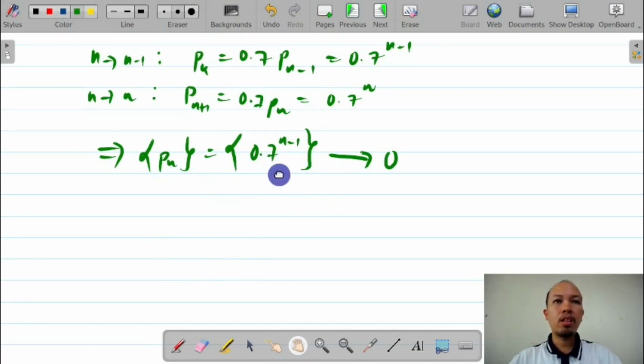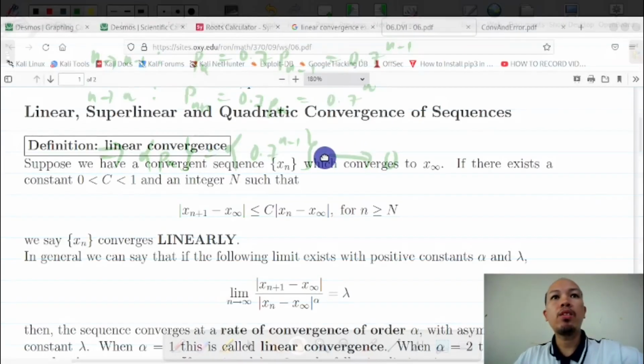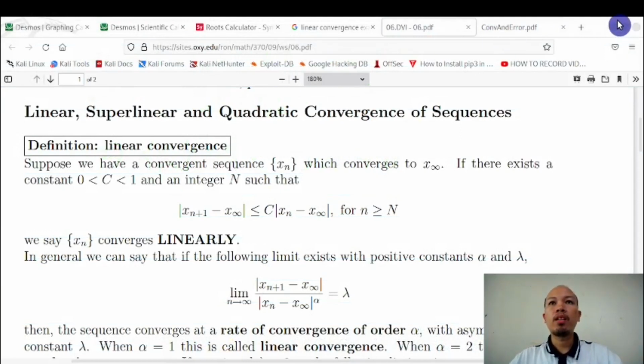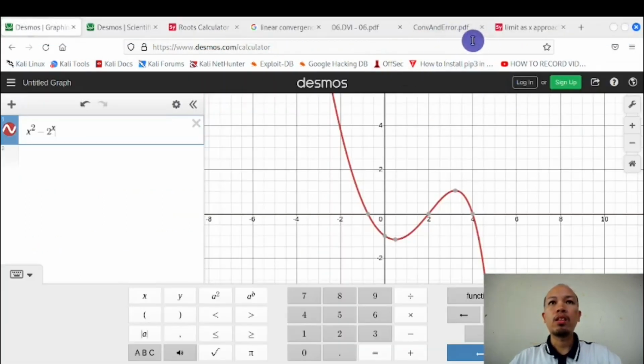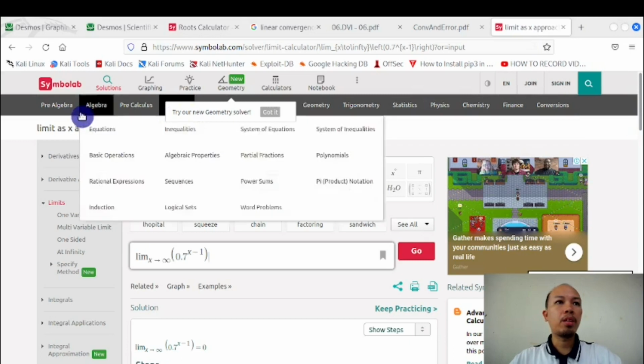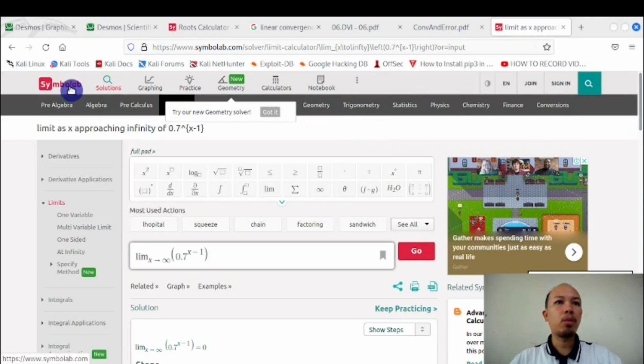So notice here that this sequence is convergent and the limit is 0. Just recall your calculus 3. But if you are not convinced, I have here the symbol.